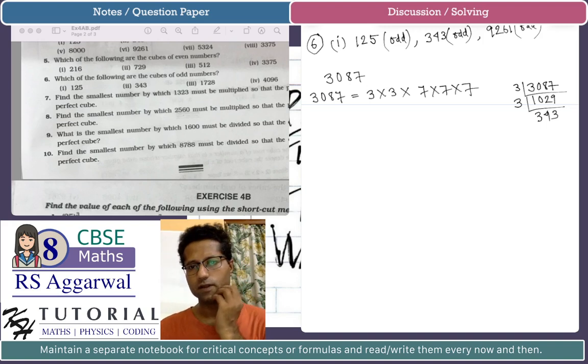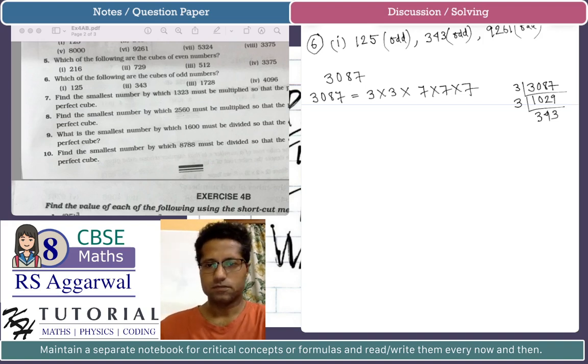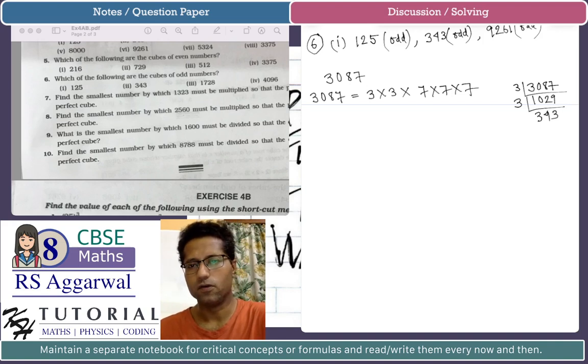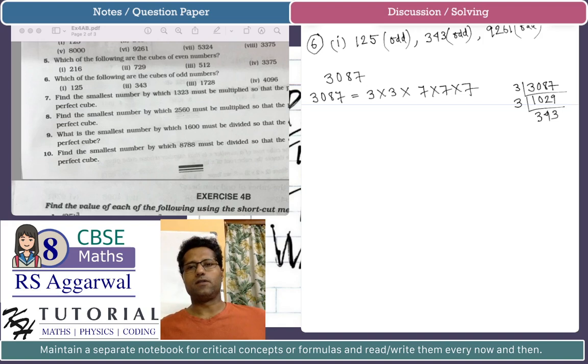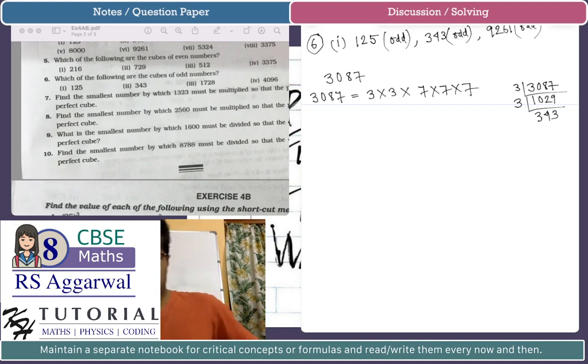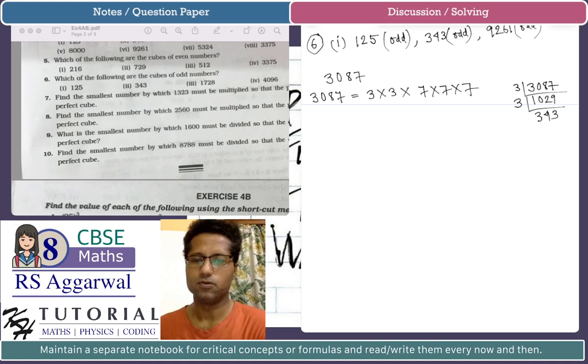Now we have to find the least number that must be multiplied with this number to make it a perfect cube. We can clearly see that this is not a perfect cube because all the prime factors are not in triplets. If you remember, there are 5 steps to determine the least number that needs to be multiplied to a given number to make it a perfect cube.